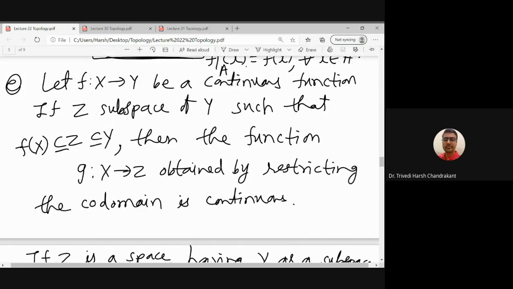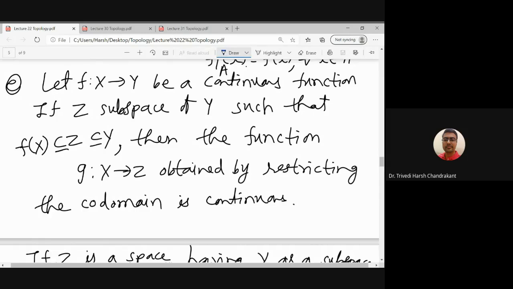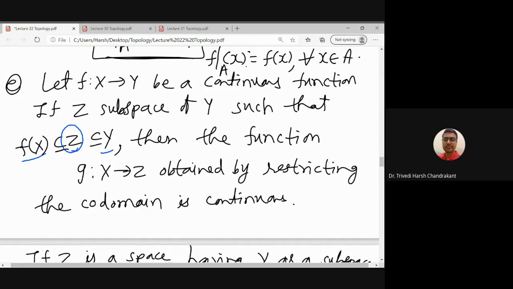So what this means is that you can consider Z to be a set between these two sets. Z contains f(X), the range of f, and Y is the codomain.